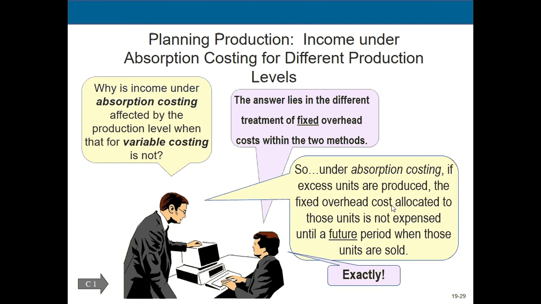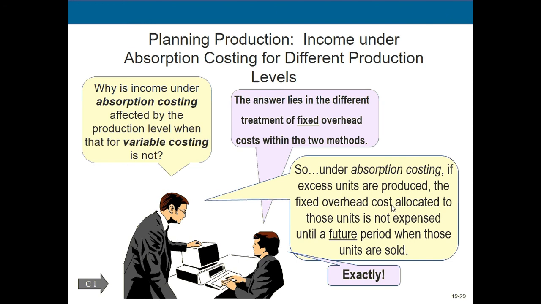But it gets stuck in inventory. What happens when it's stuck in inventory? If it's in inventory, it's not being expensed. And if it's not being expensed, your net income is going to be higher. And if it's not in inventory, it's in cost of goods sold. Well, cost of goods sold is an expense, and that's going to make net income lower. That's really what this is all about.